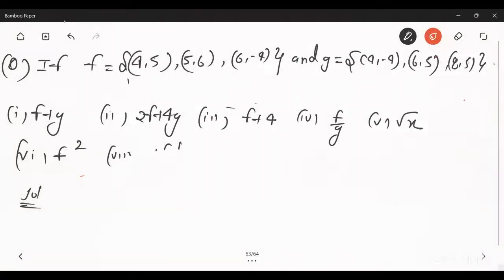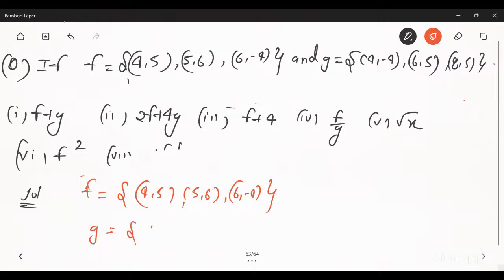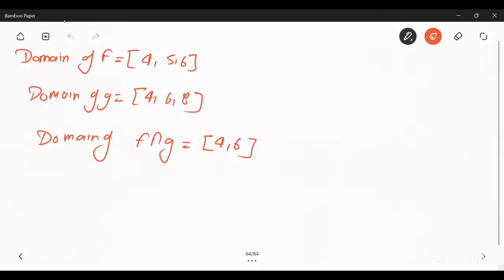So the domain of f is 4, 5, 6 and g is 4, 6, 8. Sorry for my mistake, I had written the wrong one. Okay. So the domain of f intersection g is 4 and 6.